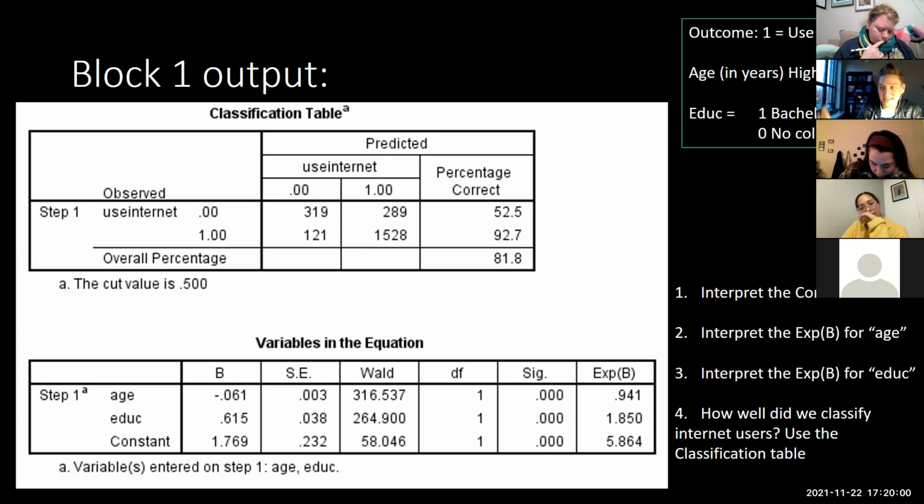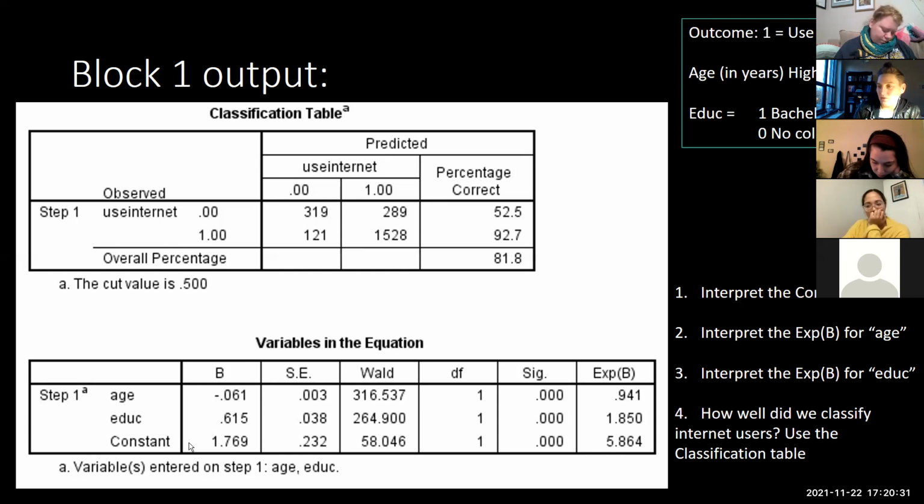So let's use that information to say, for everyone of the same age 0, who's more likely to use the internet? People with a college degree or people who do not have that college degree? People who have the college degree.